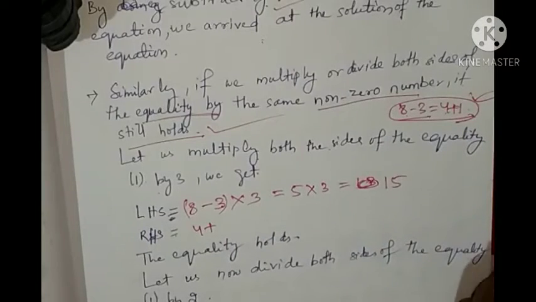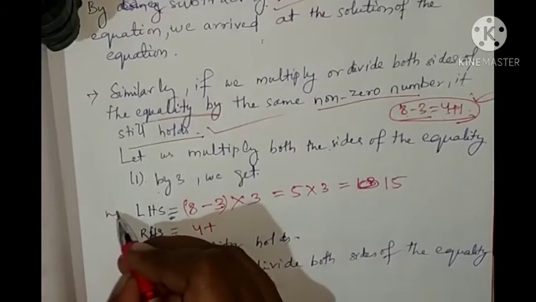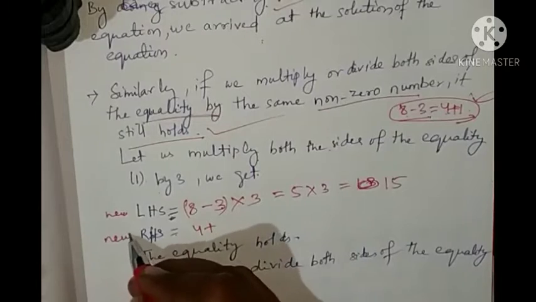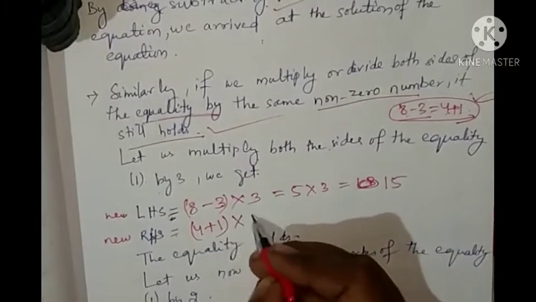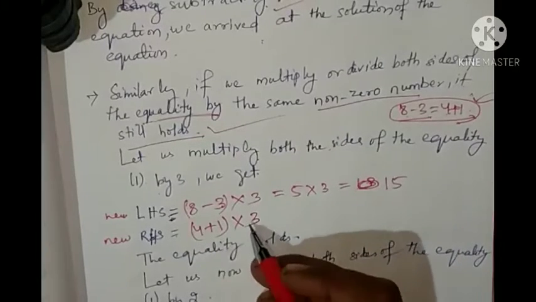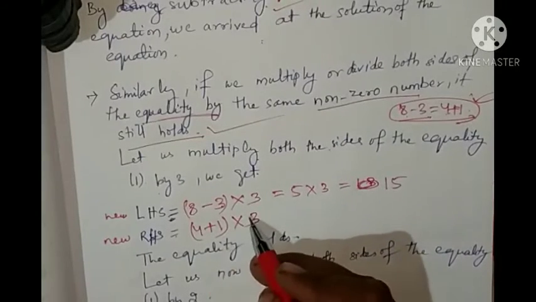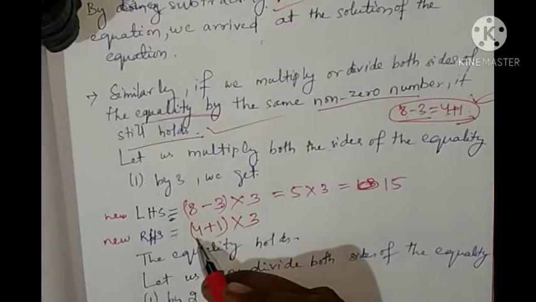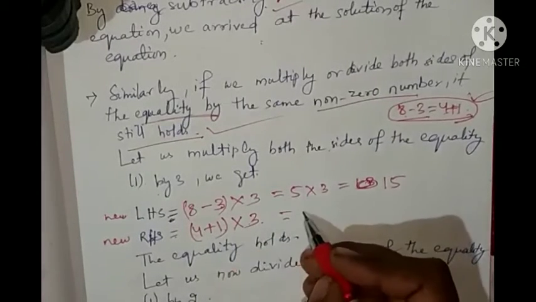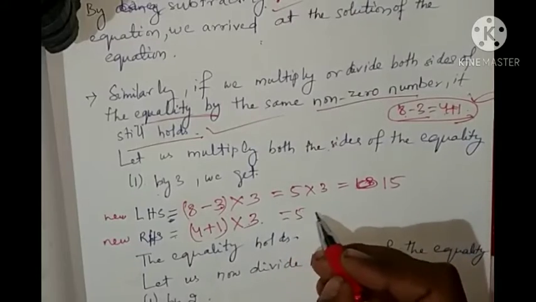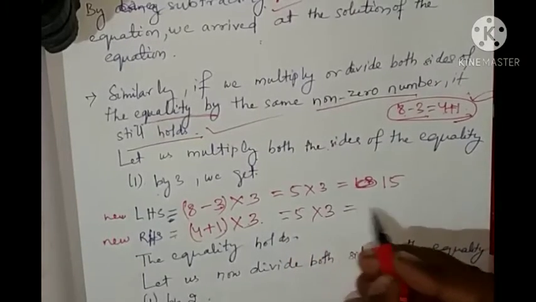New LHS, new RHS. 4 plus 1 you will keep in bracket because you are multiplying both, so 4 plus 1 into 3. 4 plus 1 is 5, into 3, how much do you get?